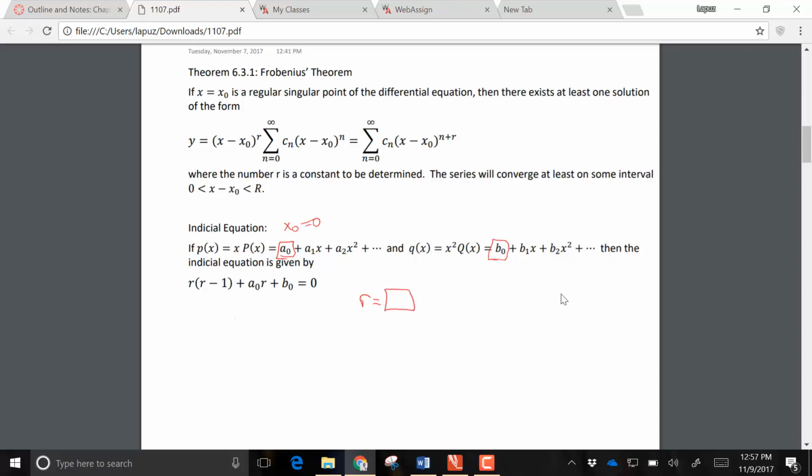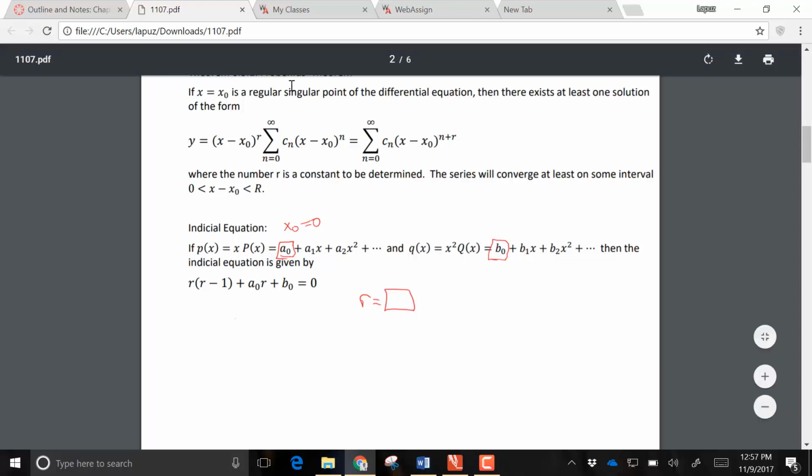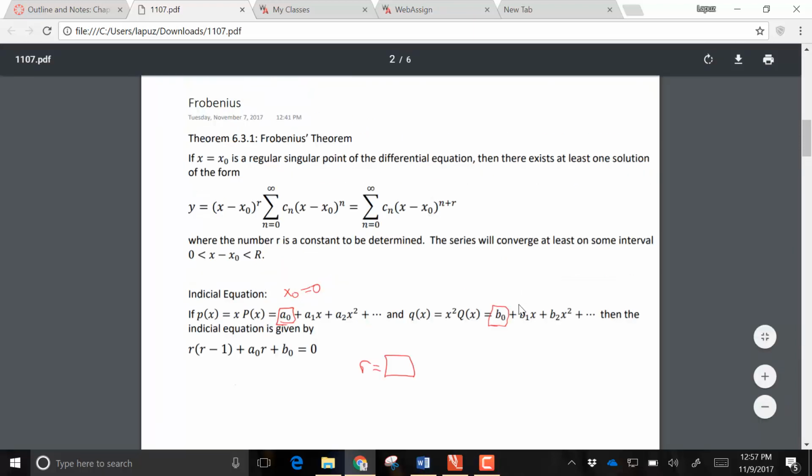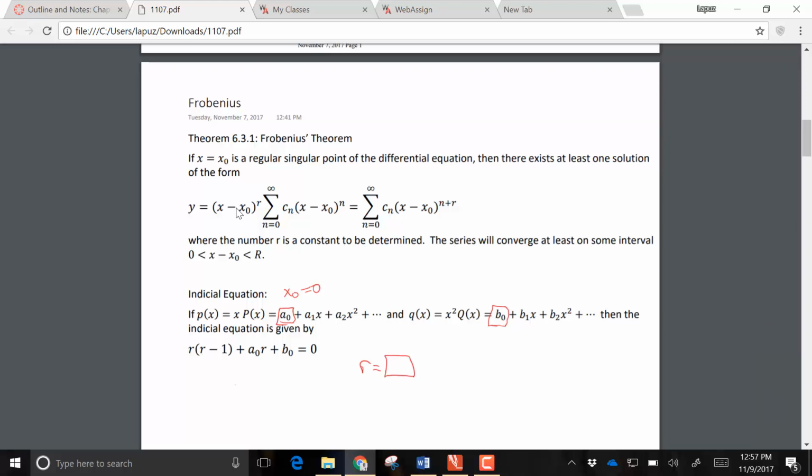So Frobenius' theorem says that we have a chance of solving for that differential equation if we find these values of r, which we would get from the indicial equation. And so that value of r is given by solving for this equation.